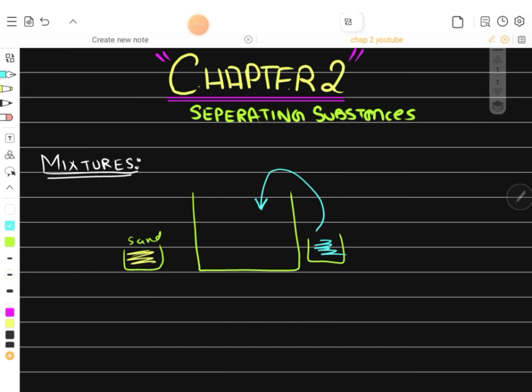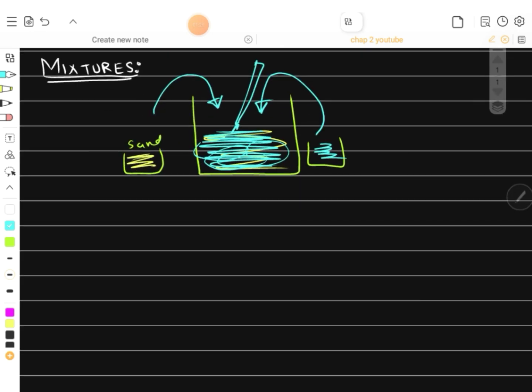Now we're going to put both of them in the beaker, in the container, and just mix them. They are not chemically combined, and no reaction takes place when we stir them with a stirring handle. There won't be any chemical reaction. They're just mixed together.